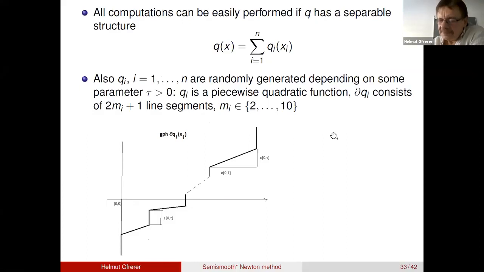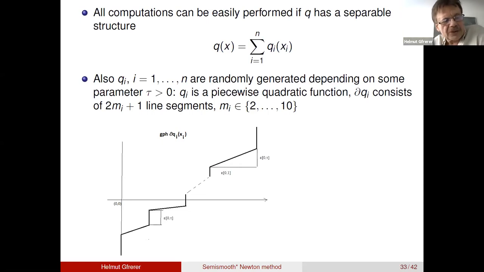Okay, if you have only metric subregularity, that means strong metric subregularity, you will need something like this. You will need that the solution is an isolated solution. You cannot expect that the Newton method converges to some point which is not isolated, or converges fast to this point.